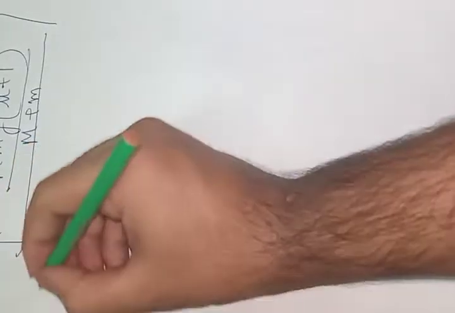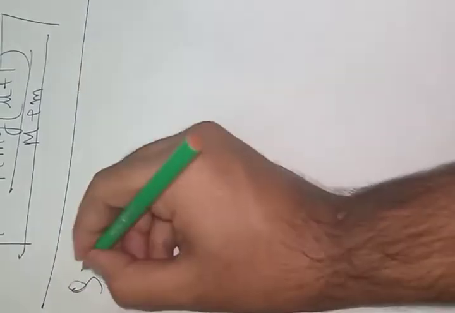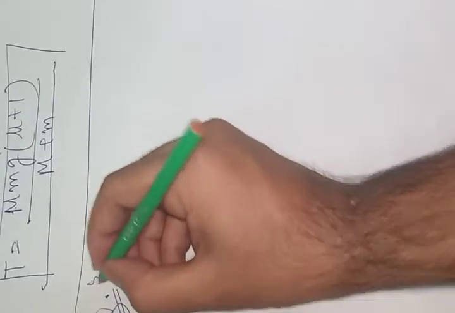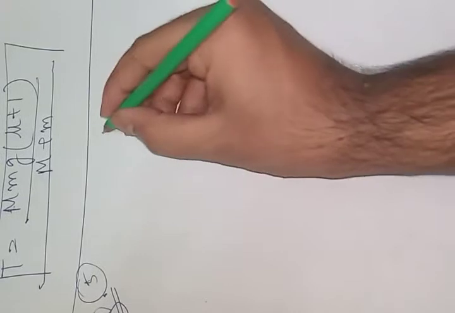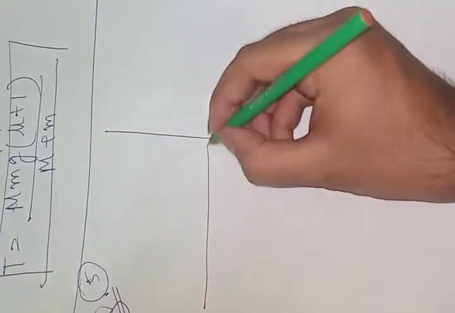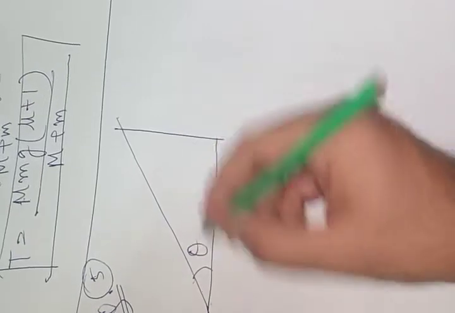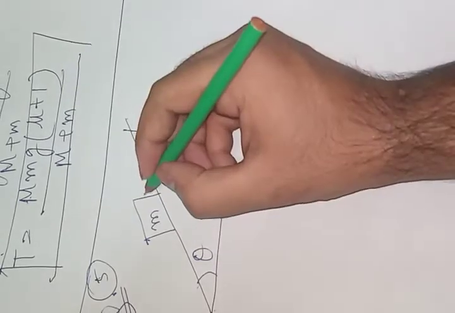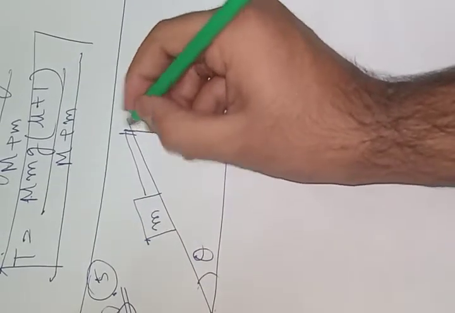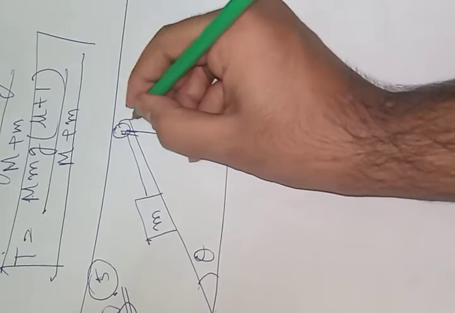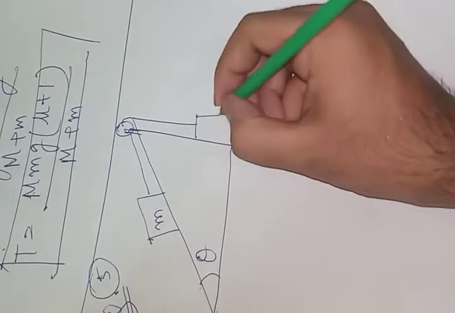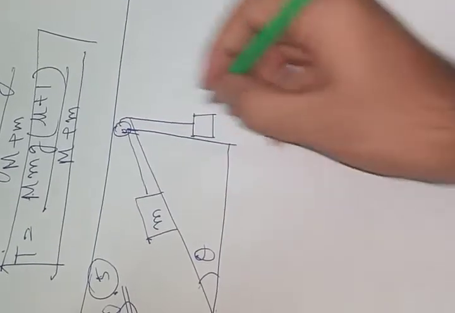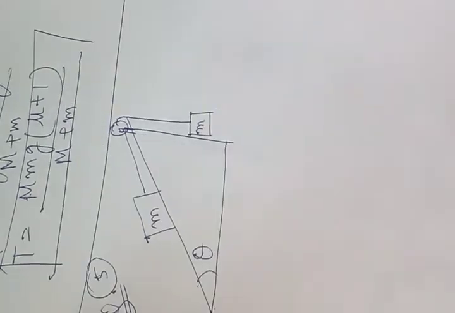Now, this is question number 5. What if here's an inclined plane with an inclination of theta, and there is a mass M, and there is a pulley here, and there is another mass hanging downward, small m.